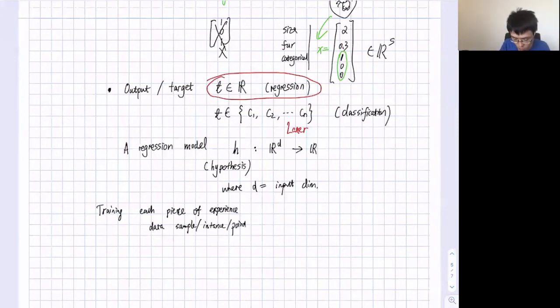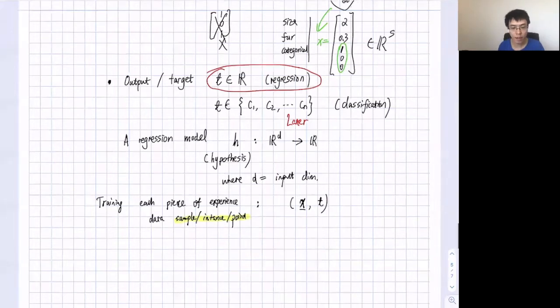They're just standard terminologies. For each piece of the experience, it looks like this. It's an input X, so it's bold, it's a vector. Sometimes I put a bar underneath the letter, but sometimes I just ignore that. So this is input, and this is the target. Okay, this is one data sample.